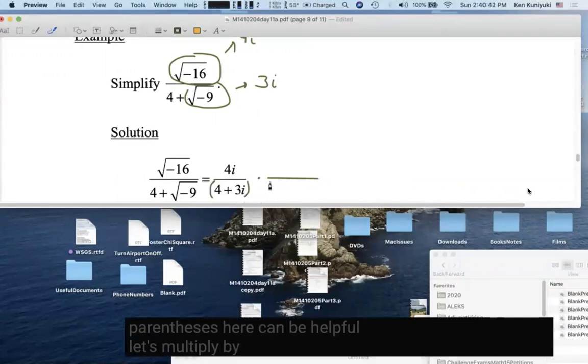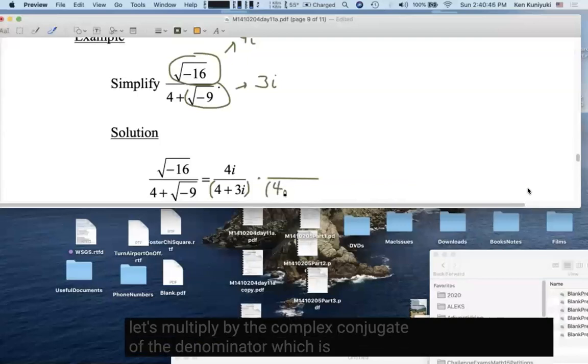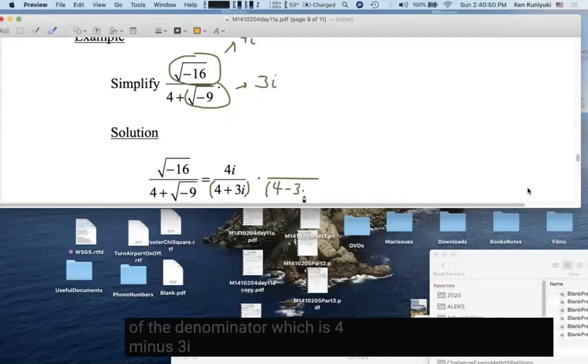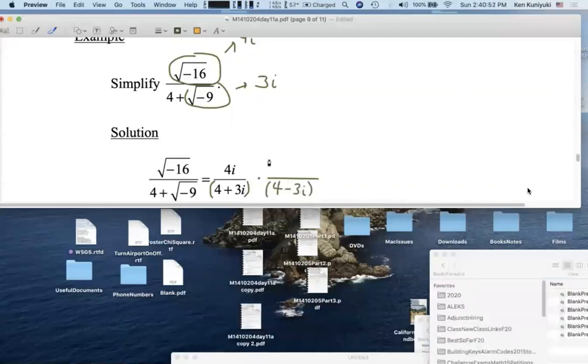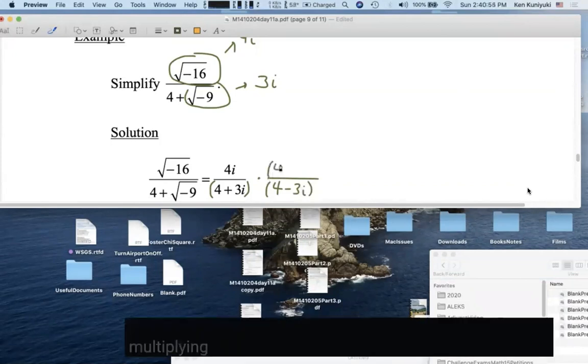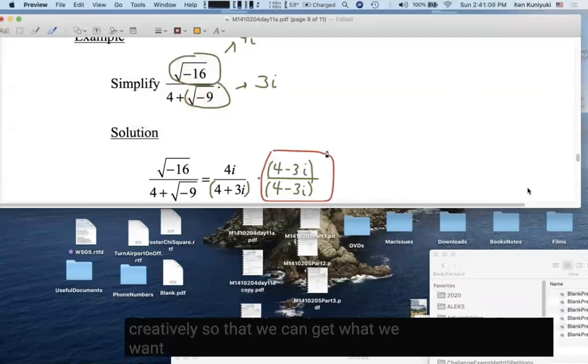Let's multiply by the complex conjugate of the denominator, which is 4 minus 3i. Multiply on the bottom and the top. We're multiplying by 1 overall. Again, we're multiplying by 1 creatively so that we can get what we want, in this case, a real denominator.